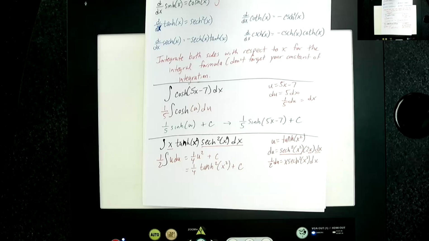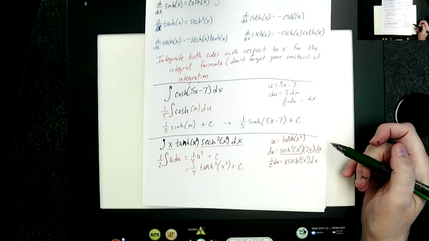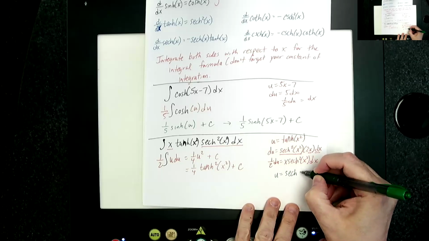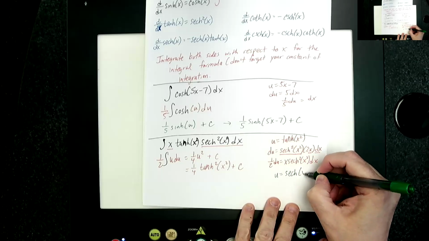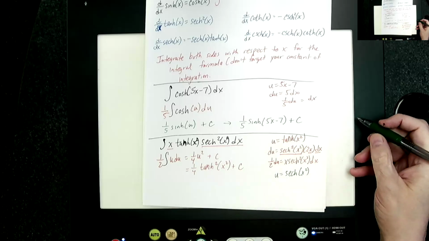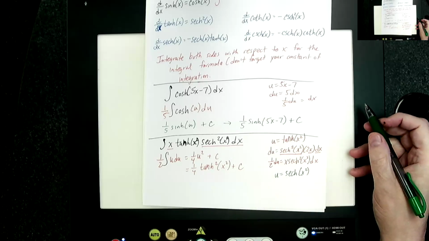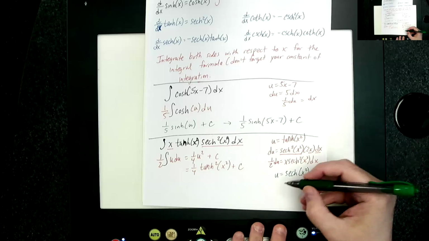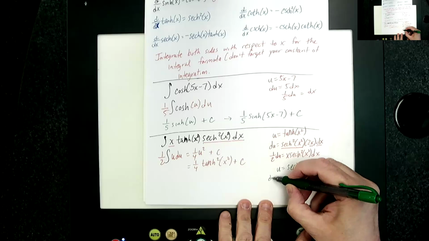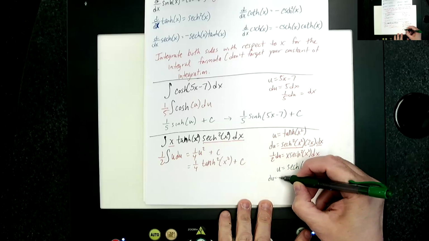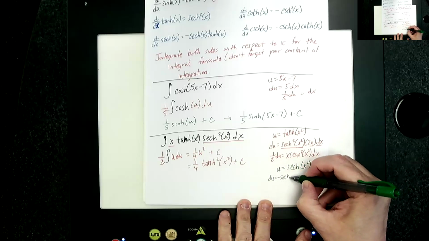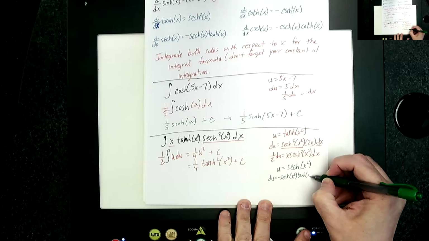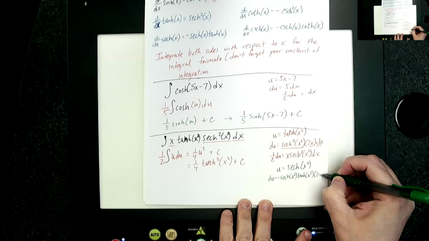What if we had said u equals secant of x squared? Du is negative secant tangent. And then we have the 2x dx.